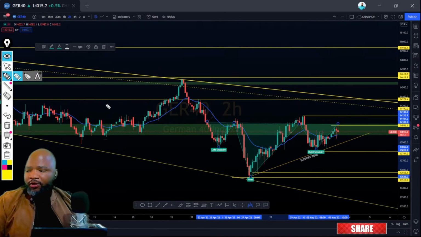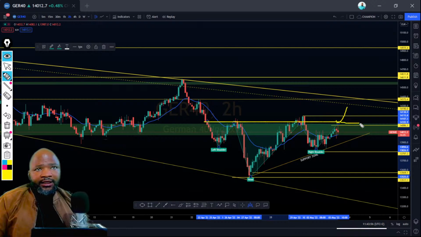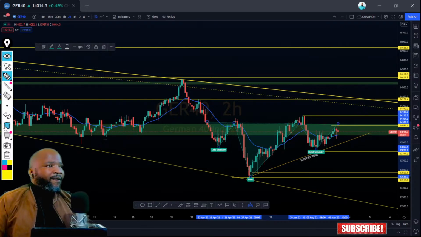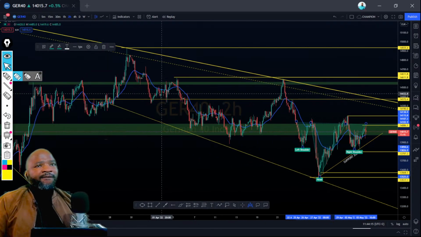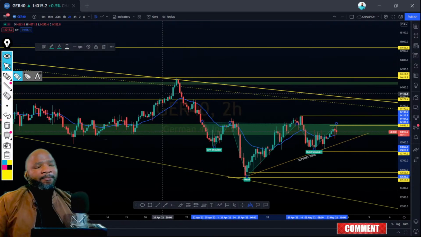We could see our price pushing towards the upside if it breaks this neck area right there. This is what we could have, and I hope that makes sense.